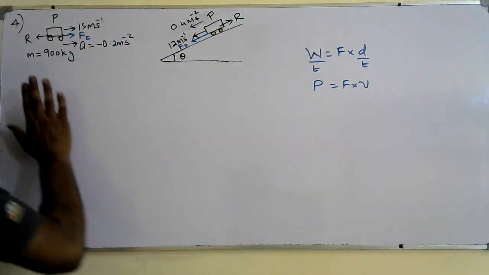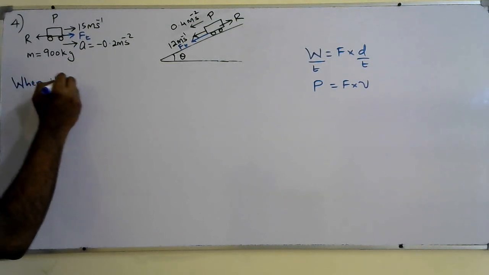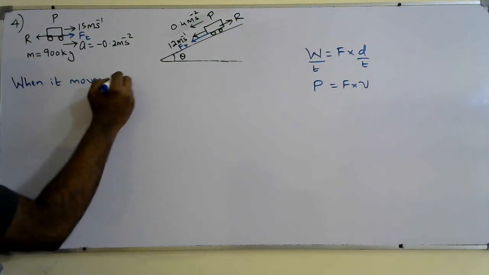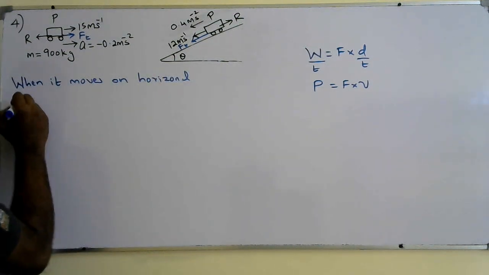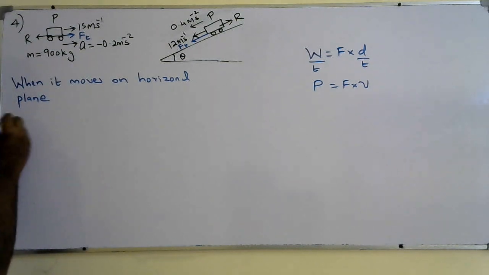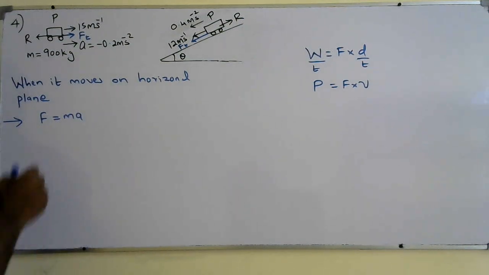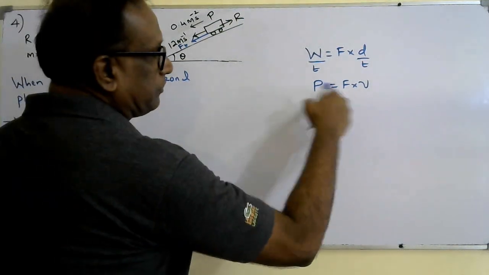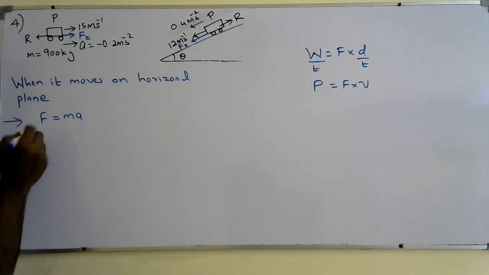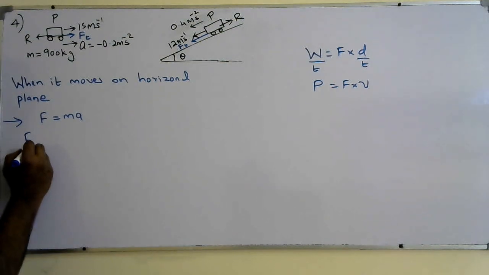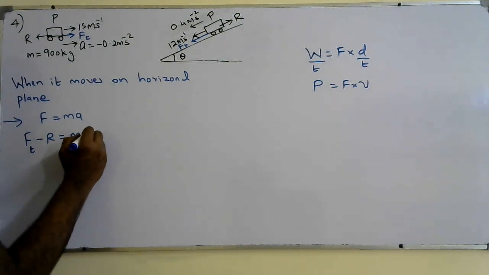Okay, so when it moves on a horizontal plane, along the direction of motion, I'm going to use F equal ma. We know that FT is equal to P over V. So the resultant force, that is FT minus R, is equal to ma.